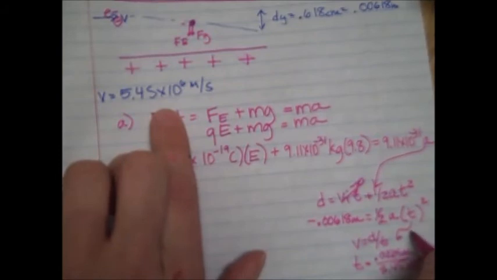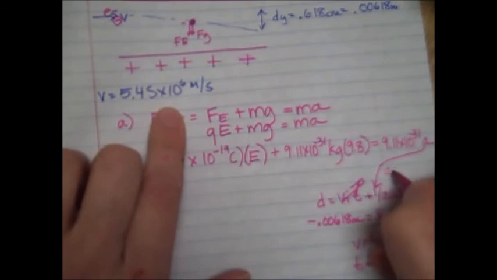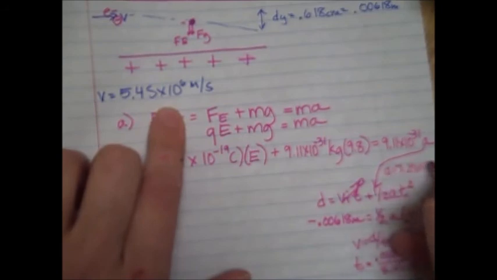From that, you could get the time equal to 4.13 times 10 to the minus 9 seconds. Once you got the time, I was able to get the acceleration as 7.25 times 10 to the 14 meters per second squared.